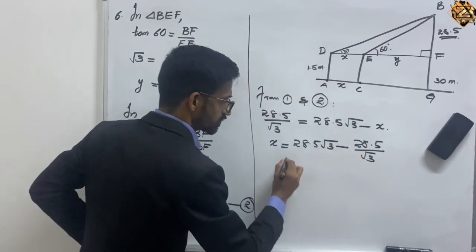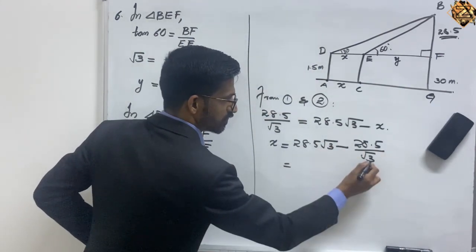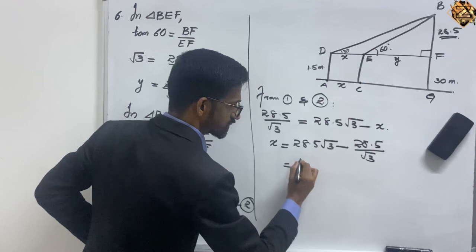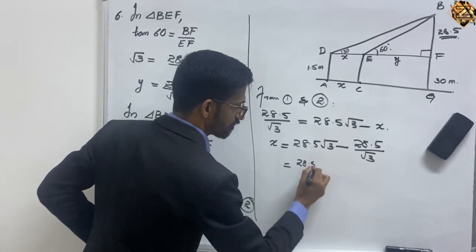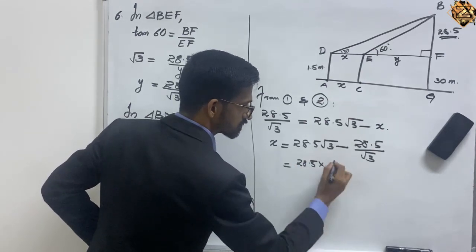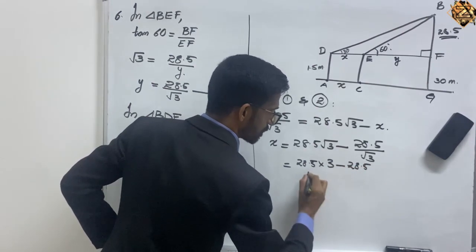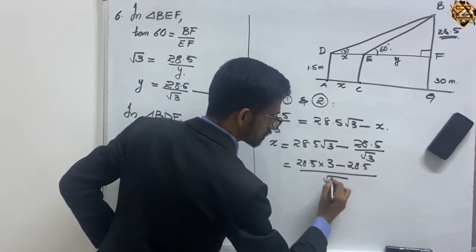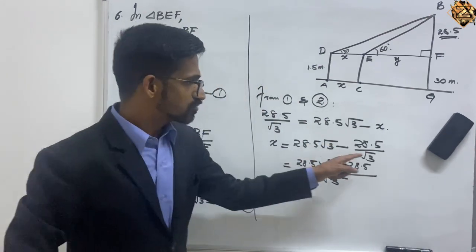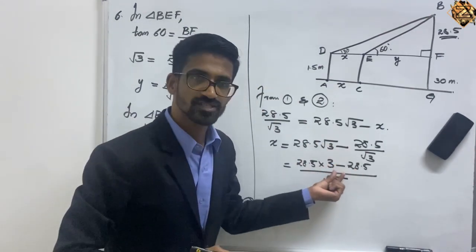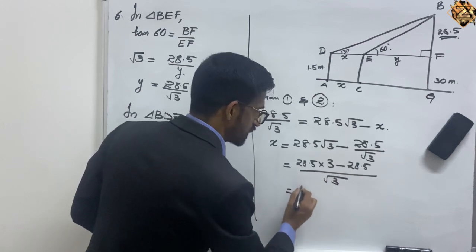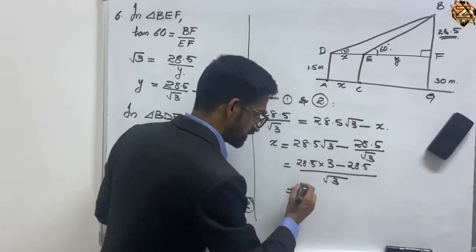Now this will be equal to what? 28.5 root 3 into root 3, it will be 28.5 into 3, minus 28.5 by root 3. Okay students, root 3 into root 3 we got here, that is 3. Now here we can take 28.5 outside, which is common.